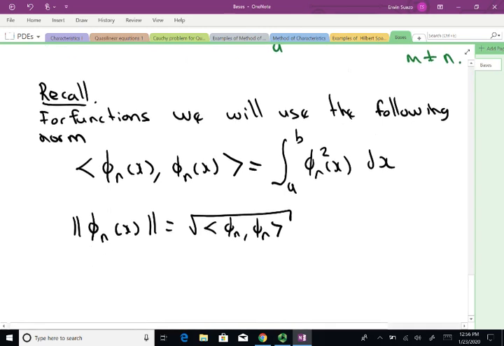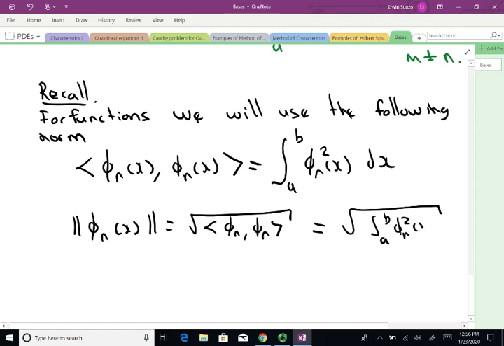Okay, so the norm of phi sub n of x is really the square root of the integral between a and b of phi sub n squared of x dx. Okay, most people prefer to take the square here and then not write the square root.